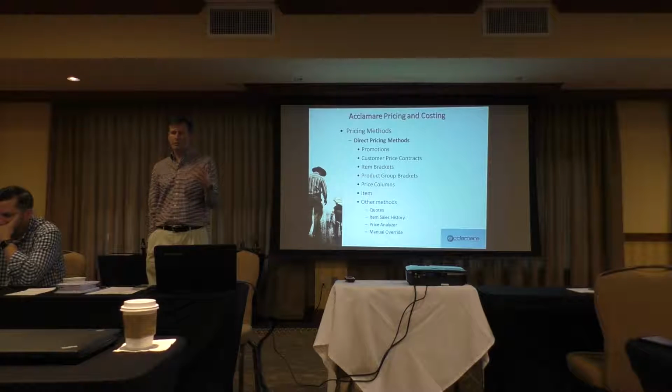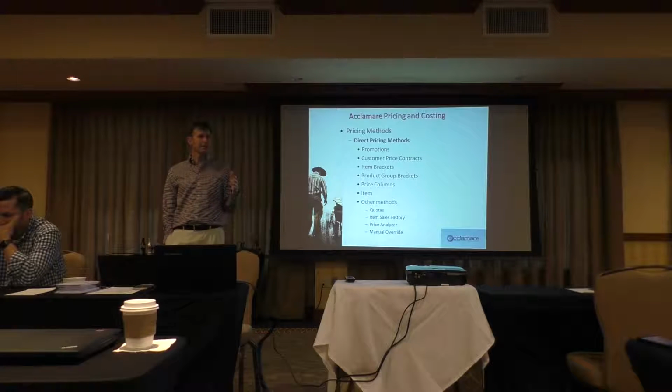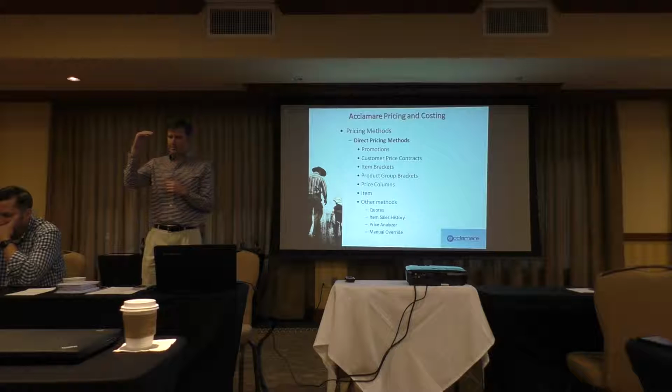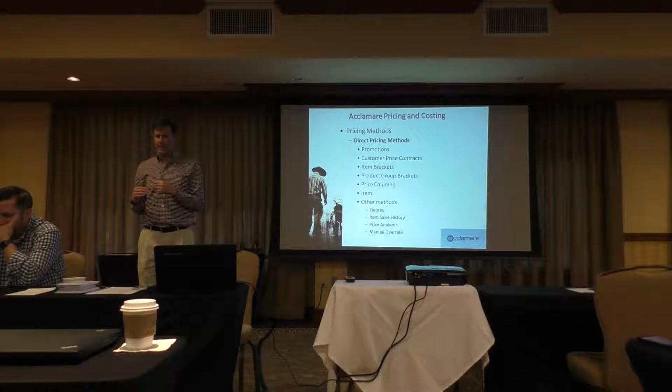Well, there's a priority within the contracts. We'll look at that. So contracts are ordered by that priority. Within a contract, you can price items by family, by product group, or by item.